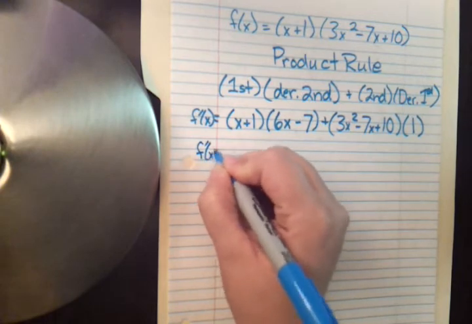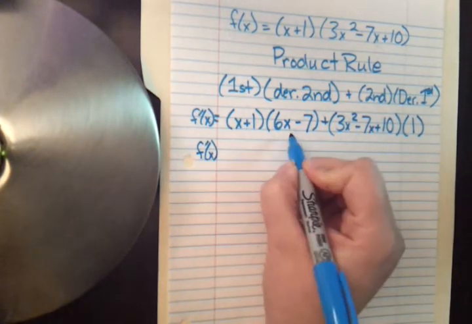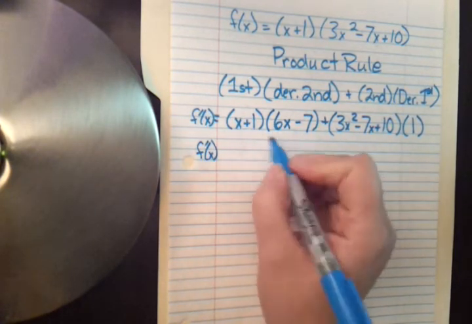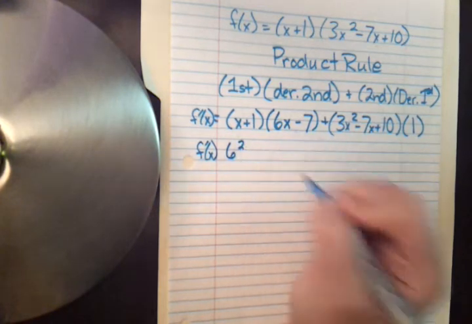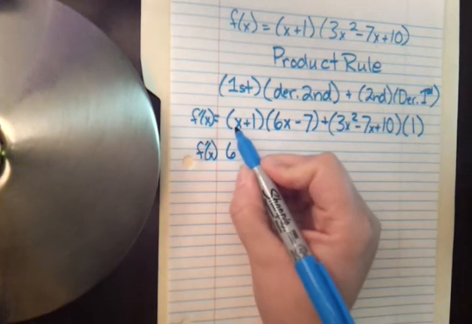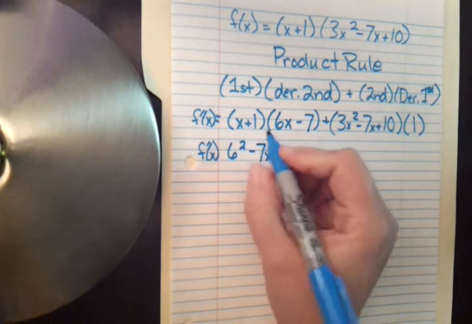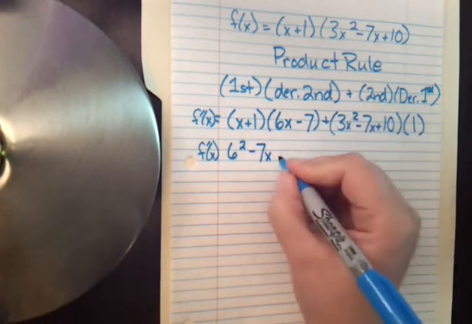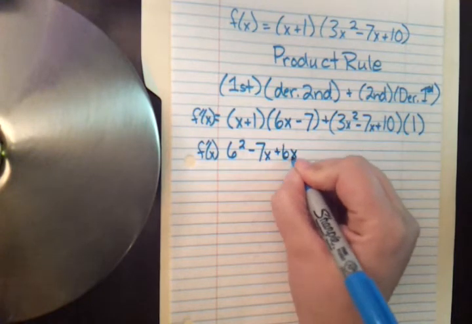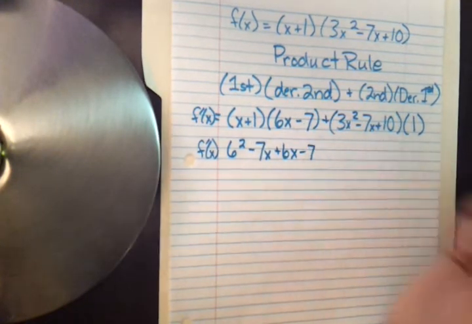So f prime of x, we're going to do a little FOILing. So x times 6x is going to give me 6x squared. First outer, that's going to give me negative 7x. This one's going to give me plus 6x, and this is going to give me a minus 7.